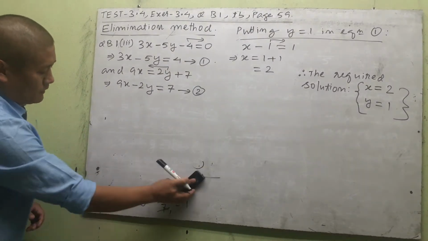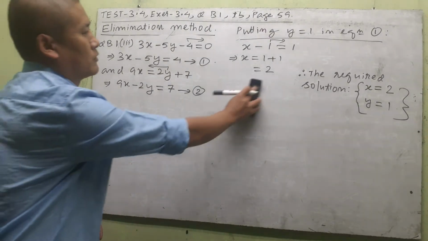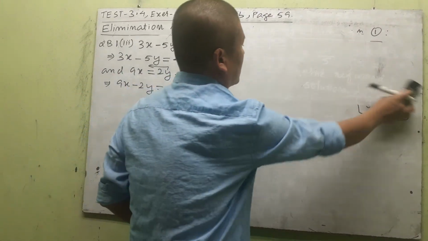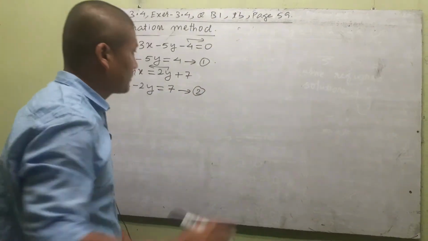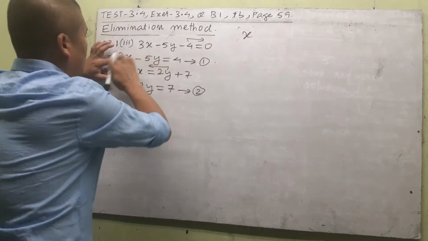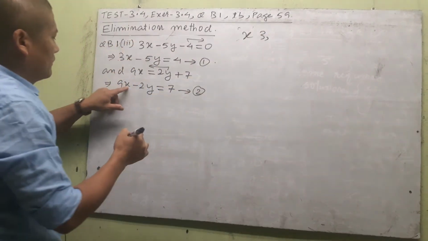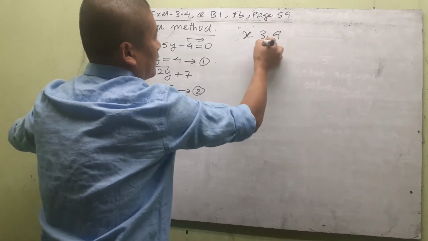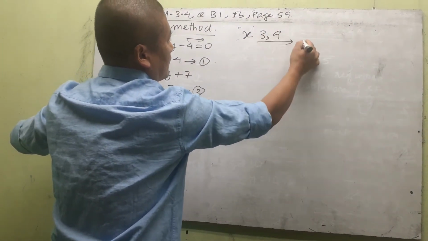Now you can choose the x or y coefficient and choose which one we're going to do. So let us do that. Now if we were to choose x coefficients, in equation 1, the coefficient in front of x is 3, in front of x here is 9. Their LCM, of 3 and 9, is 9.